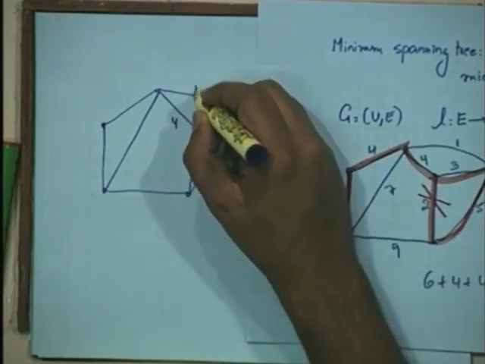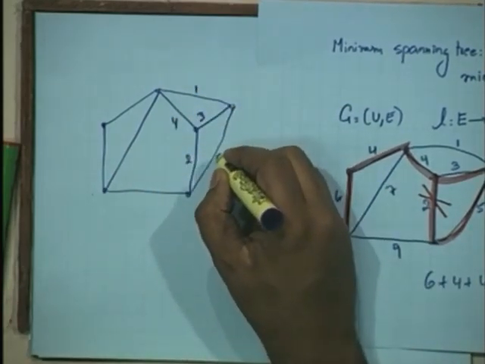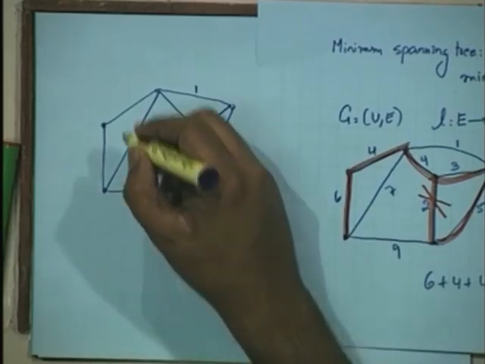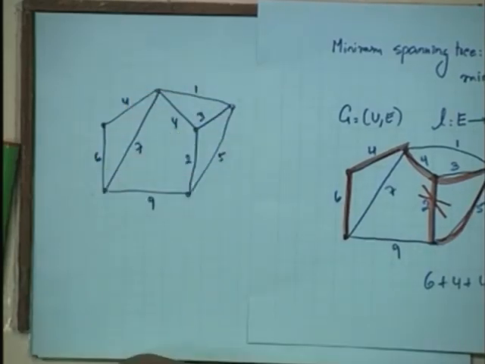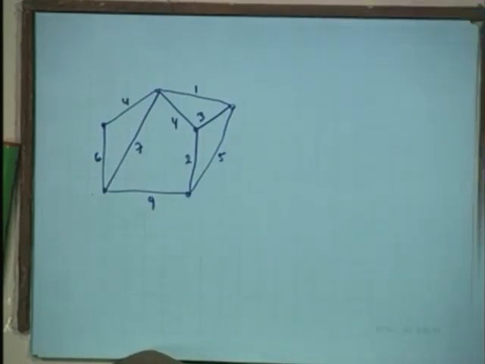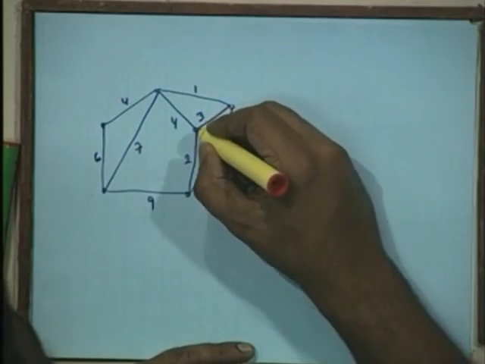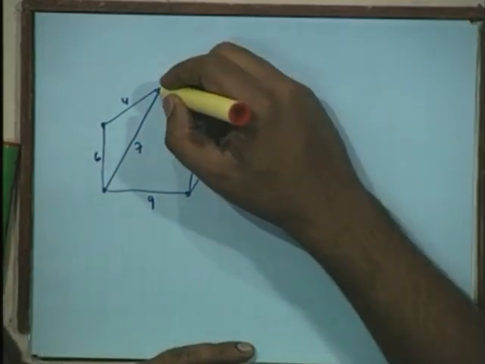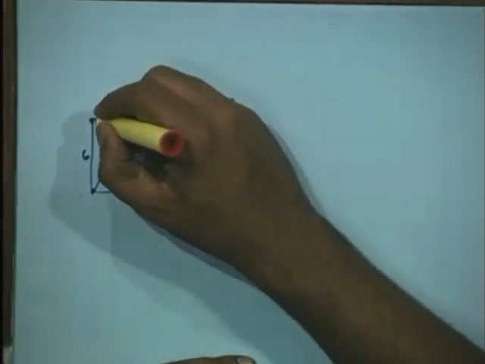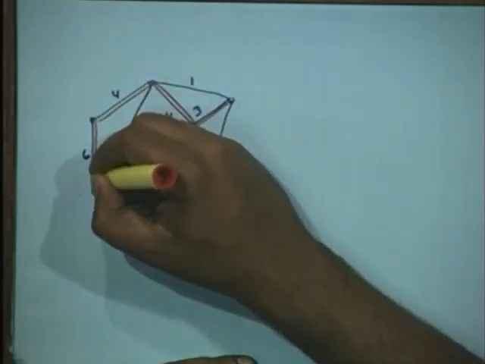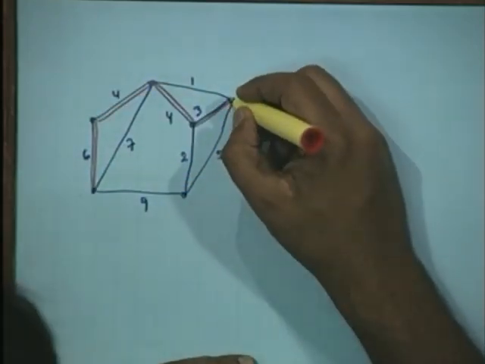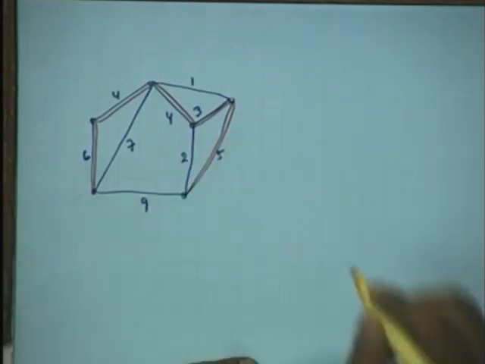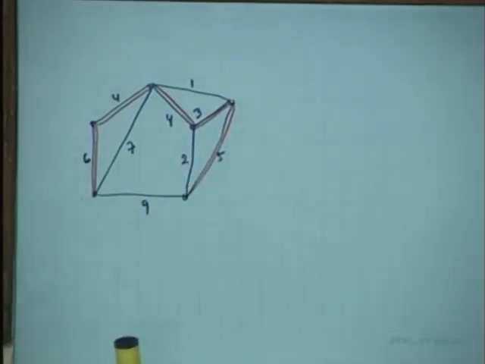Three, 4, 1, 2, 5, 9, 7, 4, 6. Right, and the edges we included were this edge. ठीक है.